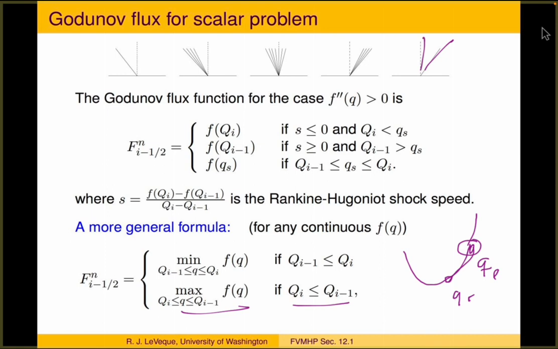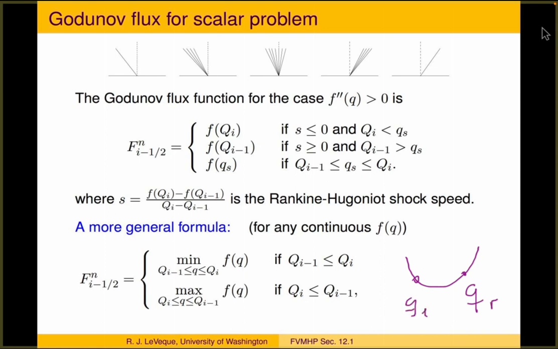And in a situation where we have a transonic rarefaction wave, that would be a case where we have the two states on either side of the sonic point, and we would have q right on the right, q left on the left, so that the characteristic speed is spreading out, and we have this sort of picture.